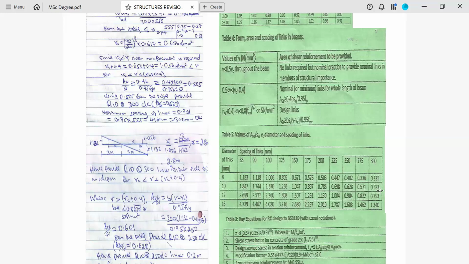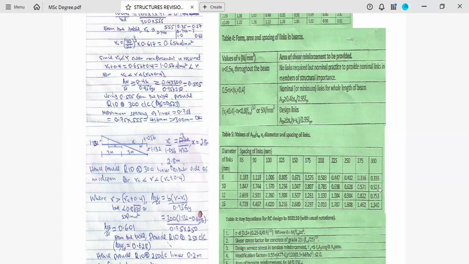Now we shall apply the law of similarity, because we have two similar triangles: a triangle which runs from the center of the beam to the end of the beam, and a triangle that runs from the center of the beam to where we have a shear stress of 1.056.